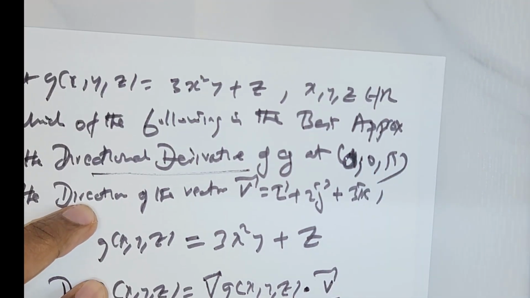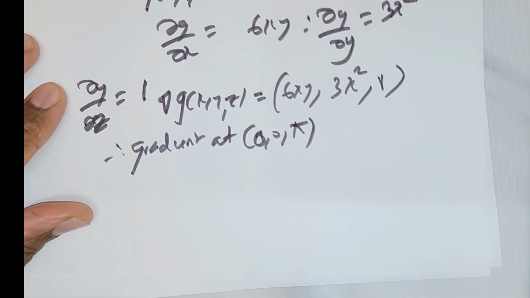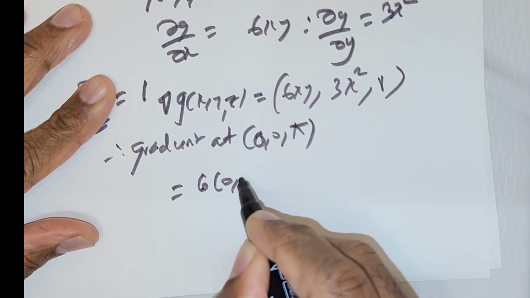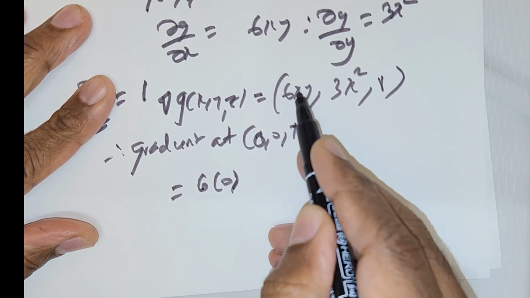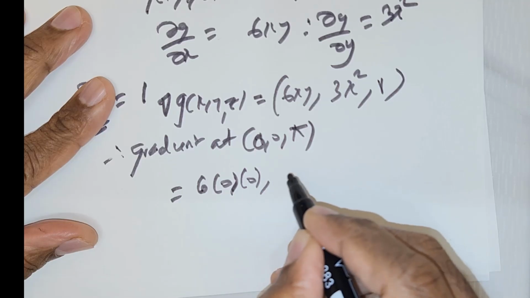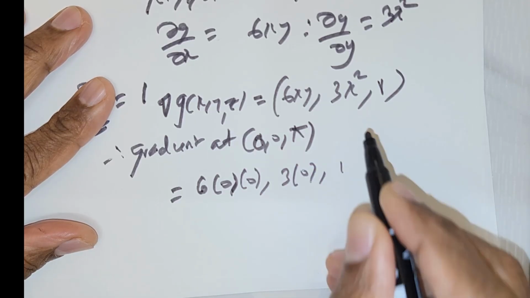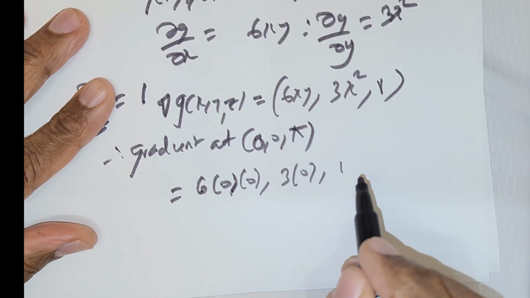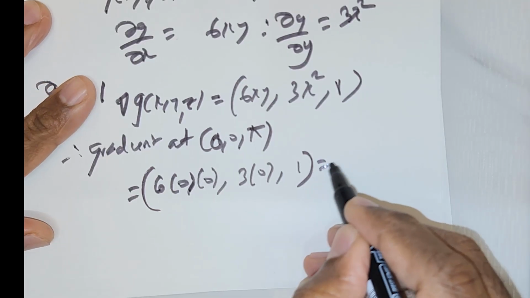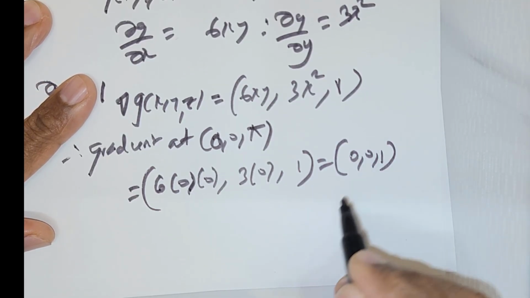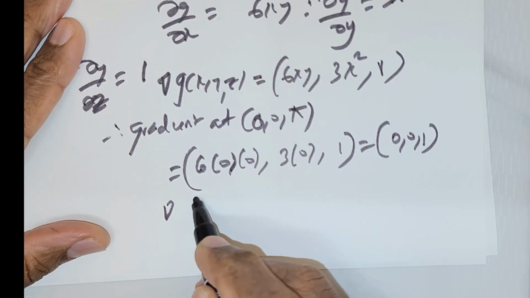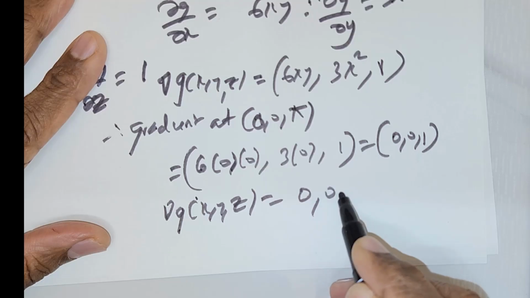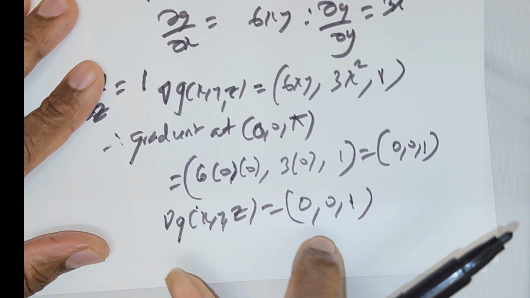So this is going to be 6 of 1 multiplied with 0, comma 3 of 1, comma, there's no point in substituting pi, it's just going to be 1 there. So this is going to give us (0, 3, 1). So the gradient of g is equal to (0, 3, 1). So this is what we have got.